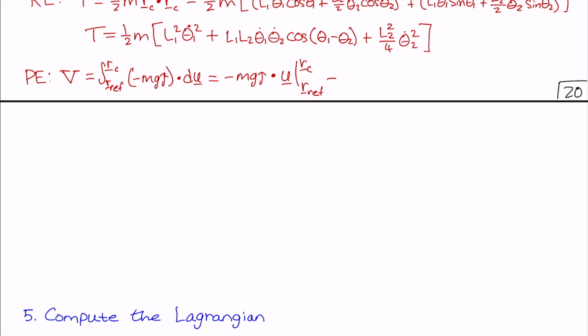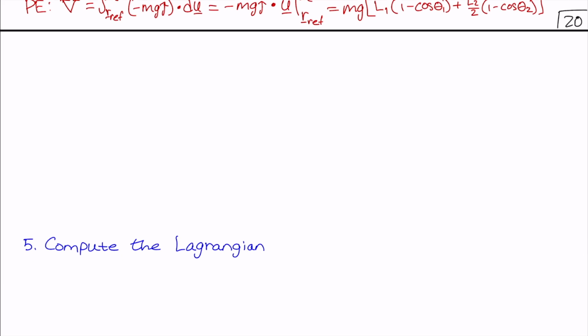And this will then be equal to mg times the quantity L1 times 1 minus cosine theta 1 plus L2 over 2 times 1 minus cosine theta 2, and that is our potential energy.